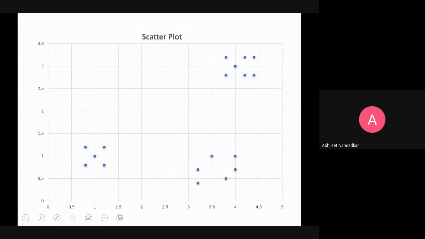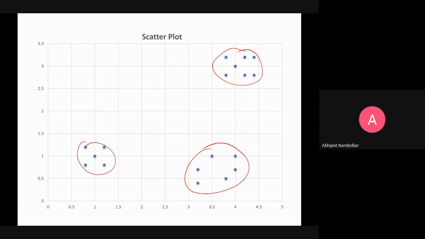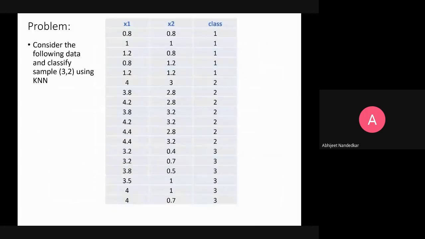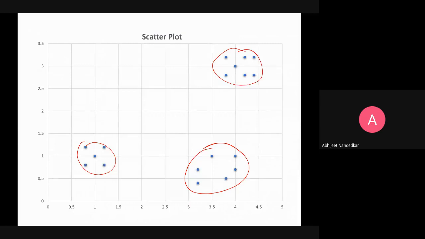The scatter plot is like this, with 5 samples here and 7 here and so on. There are 3 classes like this. The question is to find out the class for 3 2. So 3 is here and 2 is here, so your X test is lying here. The question is to which class it belongs.